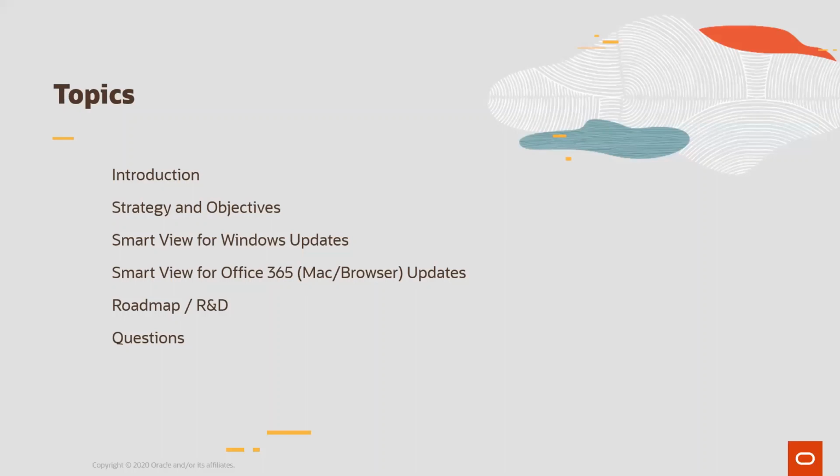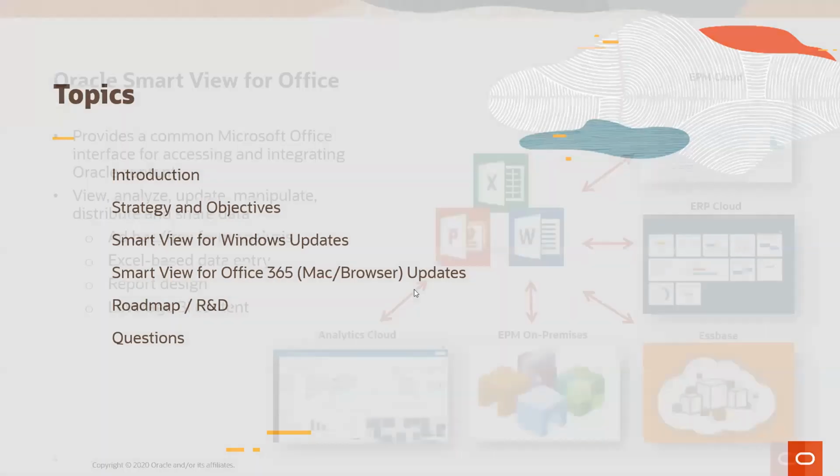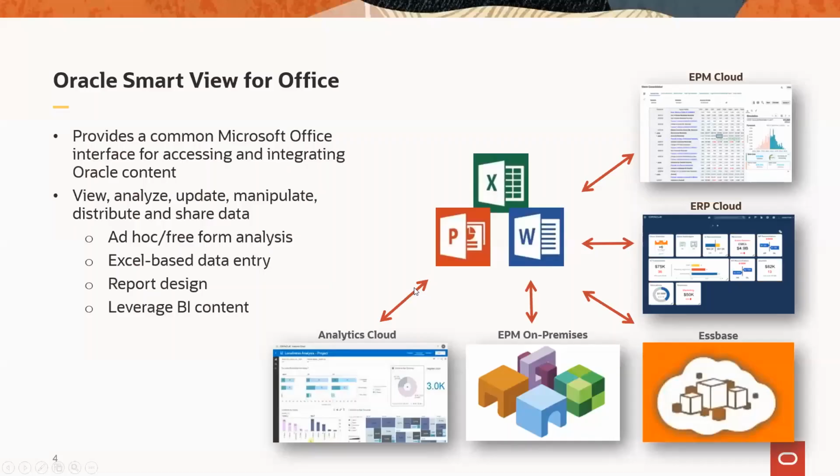And then a little bit of some works in progress we have. Because SmartView is so robust and connects to so many sources, we're not really going to be able to deep dive into very specific areas of functionality. We'll cover them broadly here, but certainly feel free to ask your questions in the Q&A, and what we can address here specifically, we will. And we'll also call out some specific ones at the end.